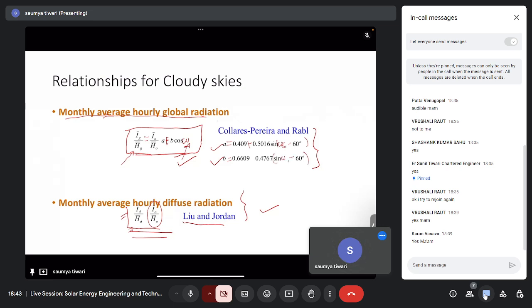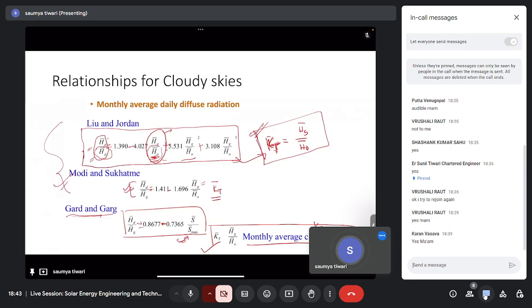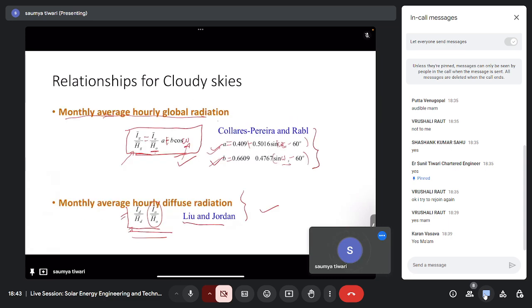I think this is the formula. You can see that this parameter can be easily calculated if we know the different angles. If you know omega s, you can calculate A and B. We know H naught bar and Hg bar, and we have already seen how to calculate these two parameters. So Ig bar can be calculated.